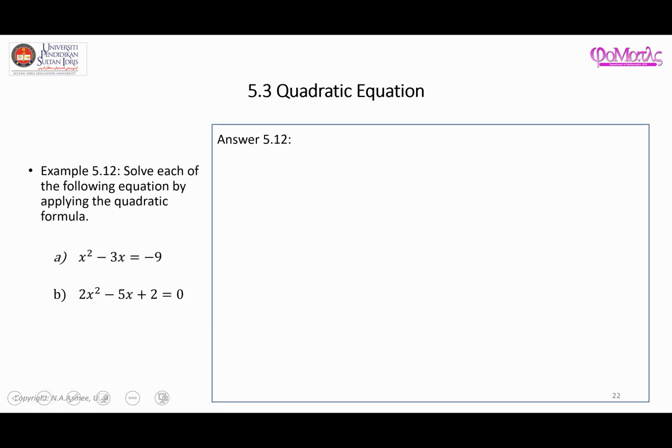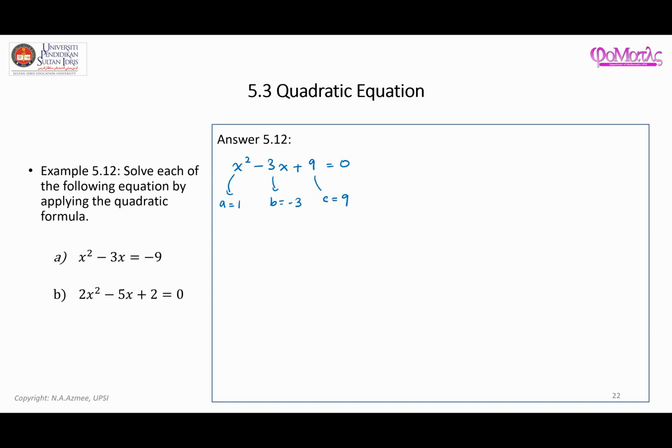So in this example, I'm going to show you how to solve the quadratic equation by applying the quadratic formula. Okay, so for question A, what I have is x squared minus 3x plus 9 is equal to 0. Clearly, your A is equal to 1, B is negative 3, and C is equal to 9.